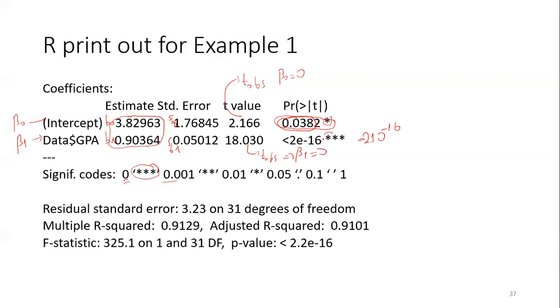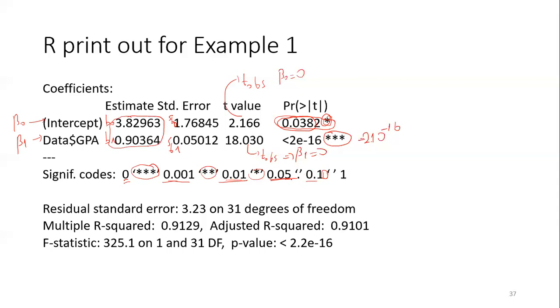Okay, you see you have 3 stars. If your p-value is between 0.01 and 0.001, then you will have 2 stars. I don't have any 2 stars there. If the p-value is between 0.01 and 0.05, you will see a star there. Okay, so I'm just seeing a star here because it's between 0.05 and 0.01. And if your p-value is between 0.05 and 0.10, let's say, then you will see a dot.